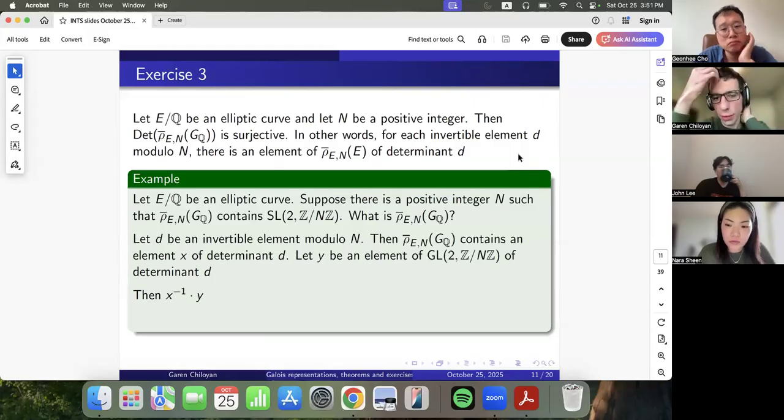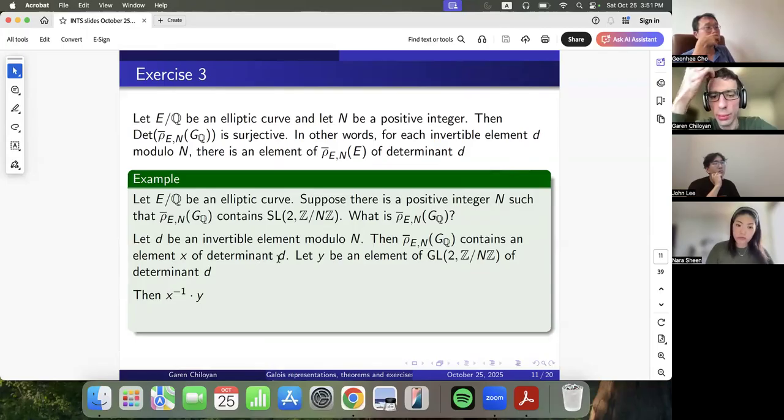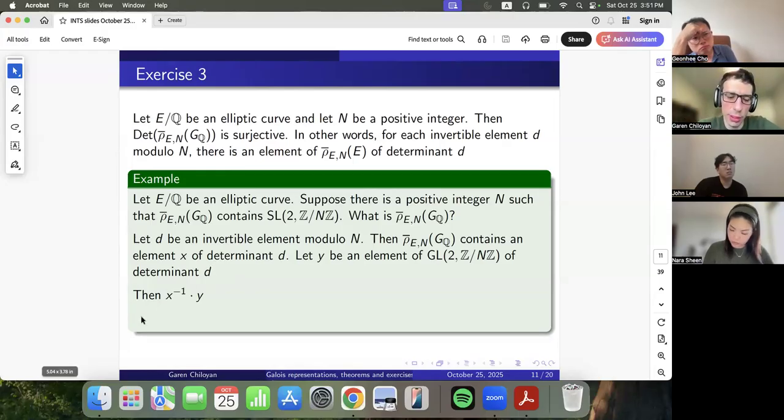Well, let's say D is an invertible element modulo n. Then the image of the mod n Galois representation contains an element X of determinant D. John claims that it contains every element of determinant D. Okay, fine. Let's say Y is an element of this invertible group of 2 by 2 matrices mod n that has the same determinant as X. They both have determinant D. What is the determinant of X inverse times Y?